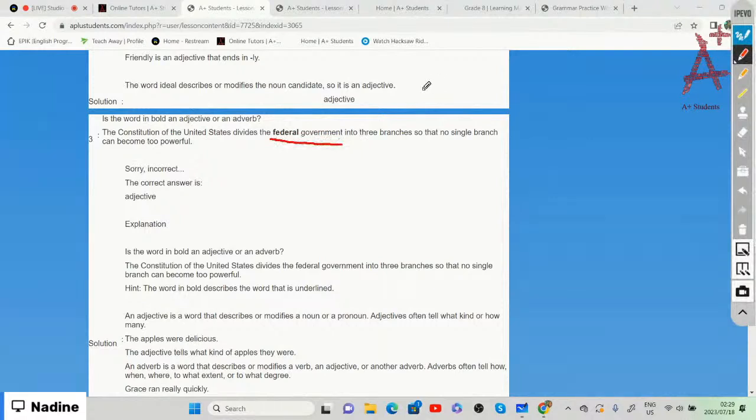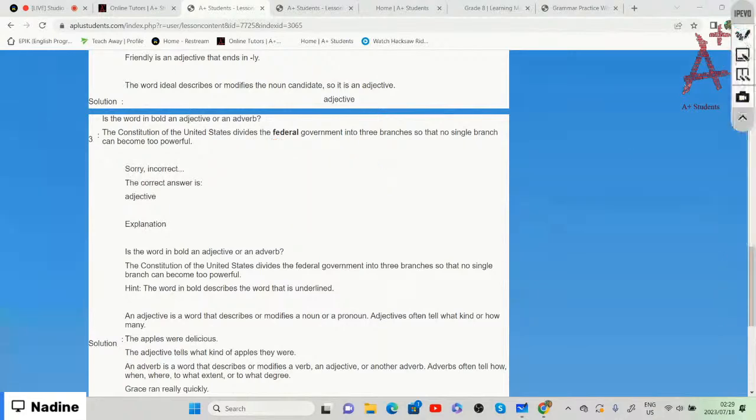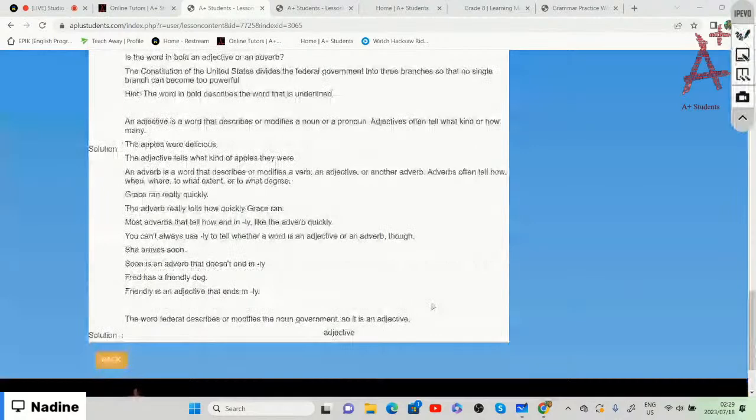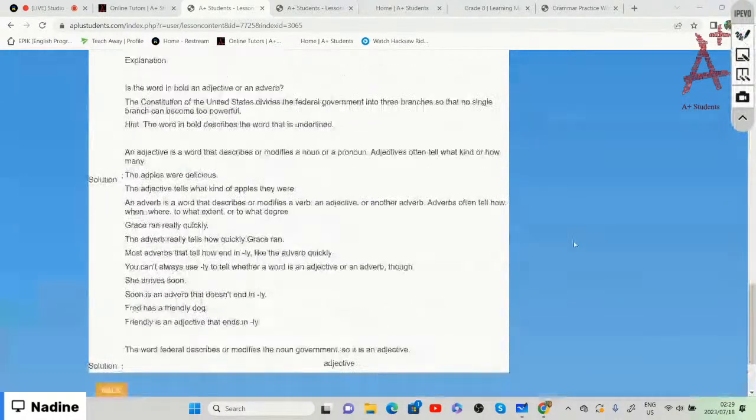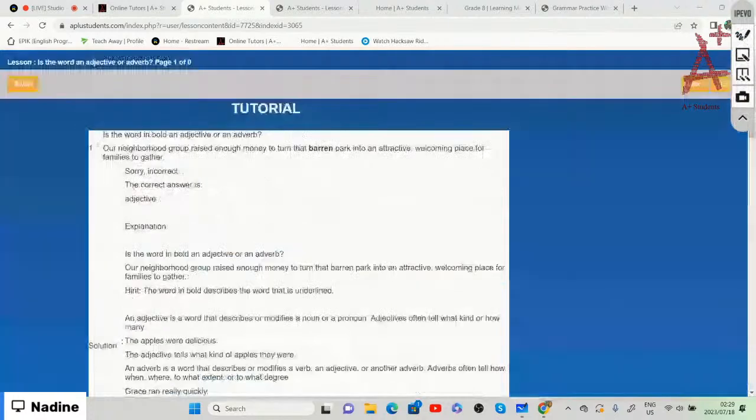Which means that federal is an adjective that describes or modifies a noun, which is government. So it is an adjective.